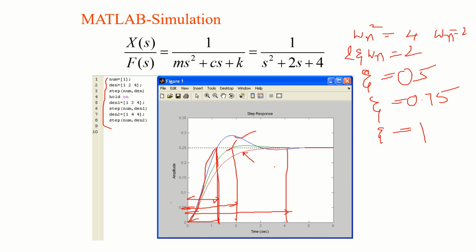Correct. But you have to be very careful. This may be reaching here very fast, but probably to reach that 4-time constant value, the blue one is taking more time. But the green may not be taking more time.